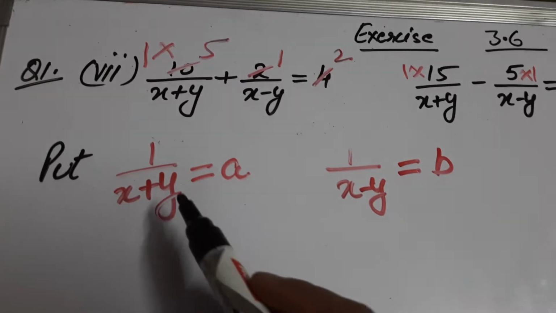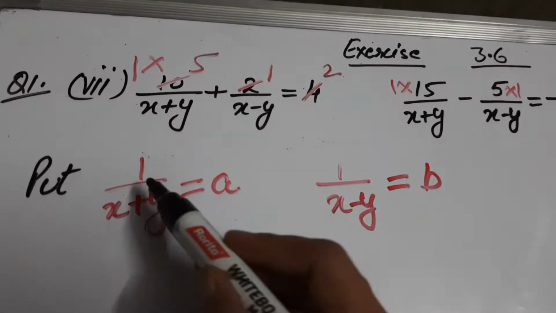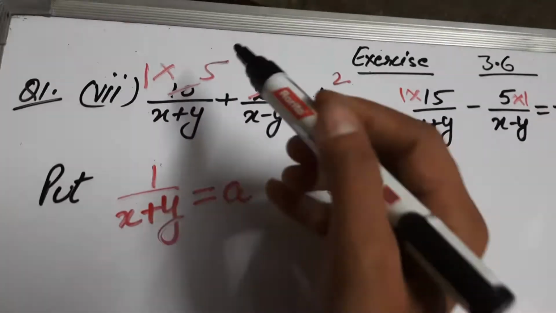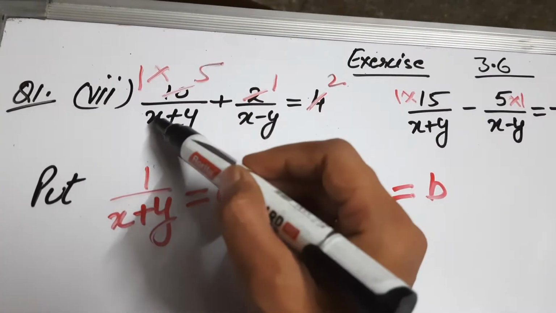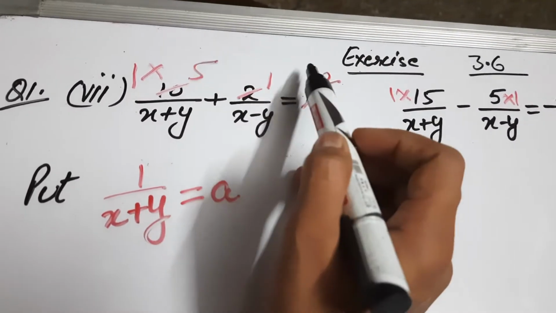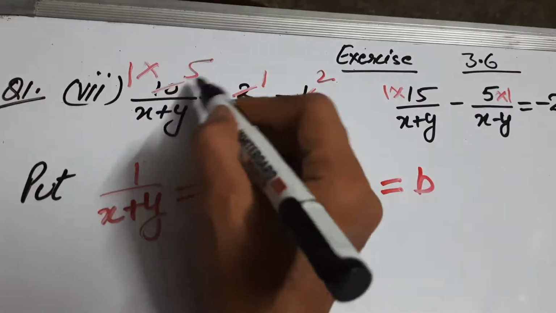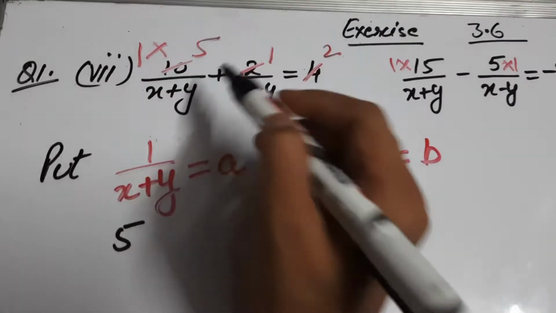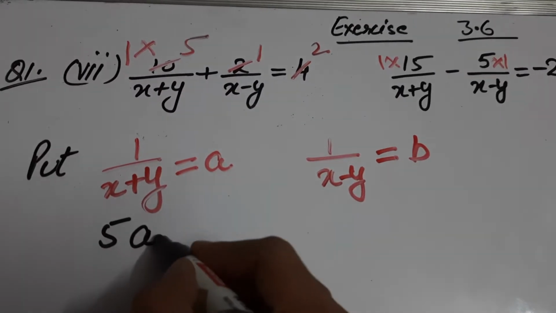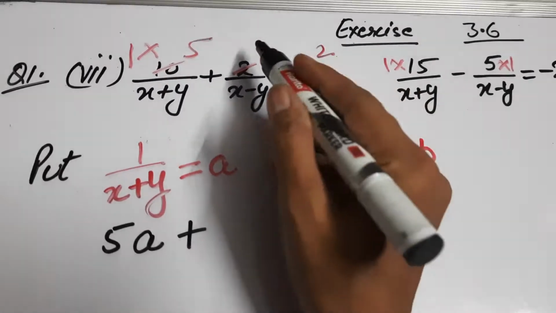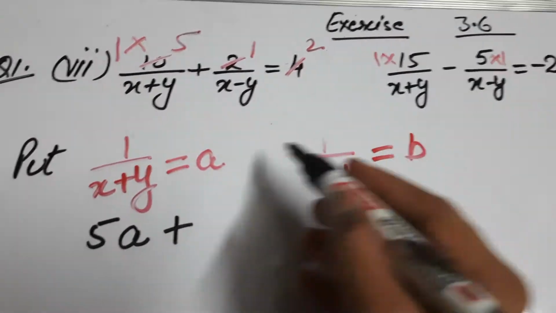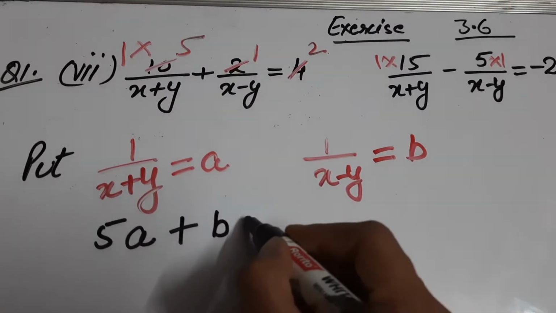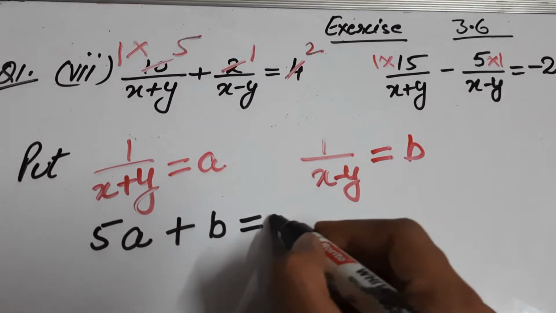So now we will replace this by a and this by b. So in the first equation, 1 by x plus y, the remaining terms will remain same in the equation. Like 5 is in the numerator, so we'll write it in the numerator. 1 by x plus y is written as a, so 5a plus 1 by x minus y is b, so we'll take b. No other coefficient is there, right hand side is 2.